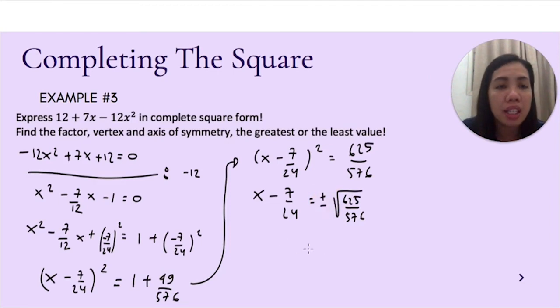And then after that, we just need to move this to the left side. So x equals plus or minus the square root of 625 over 576 plus 7 on 24. These are the factors.